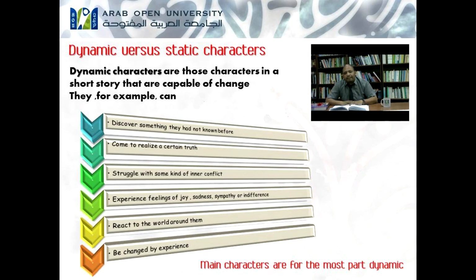So, for example, let's take them one at a time. One of the criteria of judging whether a character is dynamic or not is to see whether there was a secret or he has discovered something that he was unaware of.